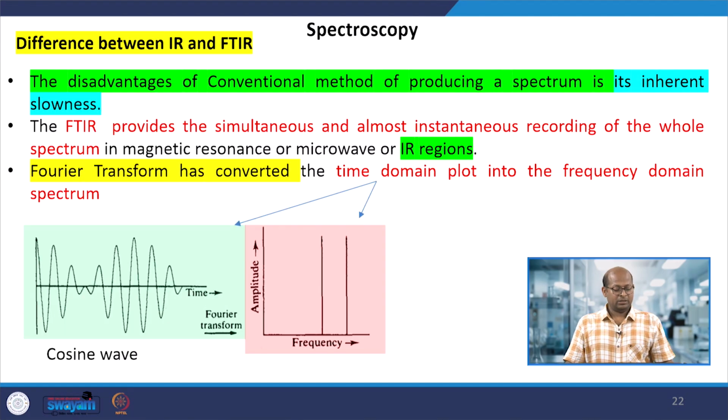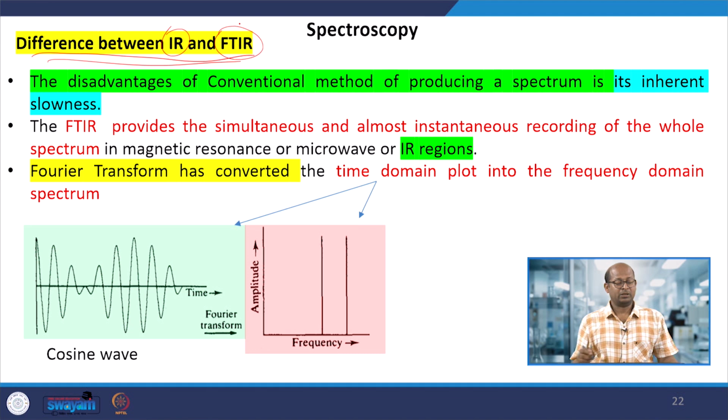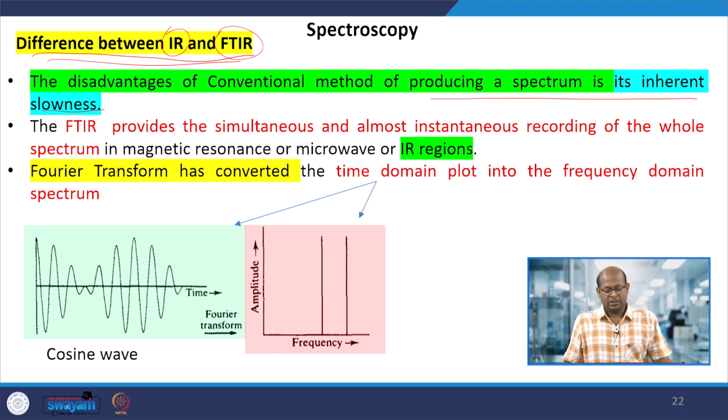Okay, here is the basic difference between normal IR and FTIR. Initially there was IR spectroscopy, which was later converted into FTIR. The disadvantage of conventional methods of producing the spectrum is their inherent slowness, whereas in FTIR we get the whole spectrum simultaneously, recording the entire spectral range of 400 to 4000 at once.